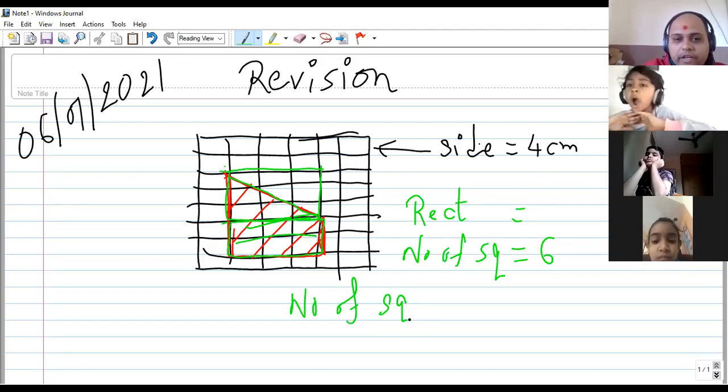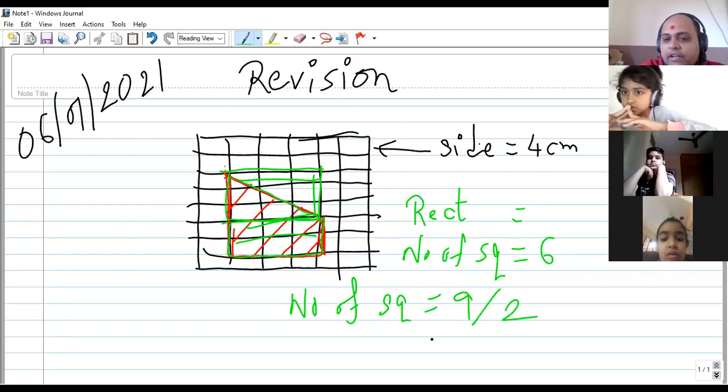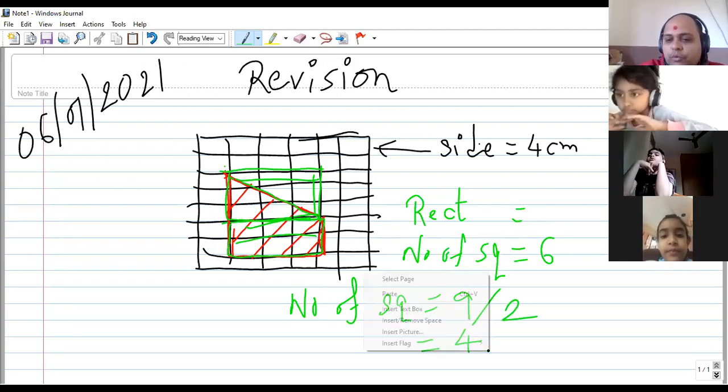Number of squares is 1, 2, 3 here, and 1, 2 and 3 here. So 3 threes are 9, right? So for the triangle, we have to divide it by 2. 9 divided by 2 is what? 4.5, isn't it?